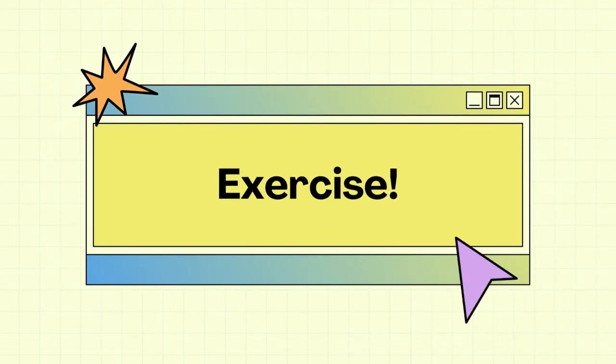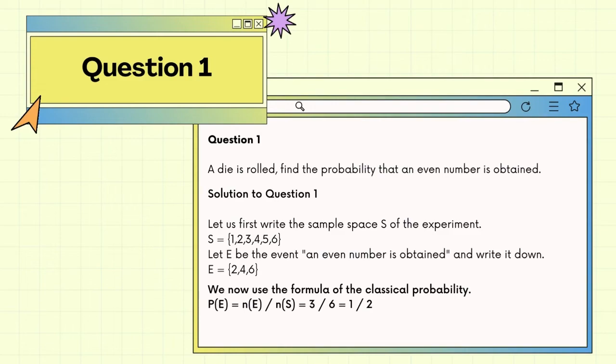And now, let's do the exercises. Question 1. A die is rolled. Find the probability that an even number is obtained. Solution to question 1. Let us first write the sample space S of the experiment. S equals 1, 2, 3, 4, 5, and 6.